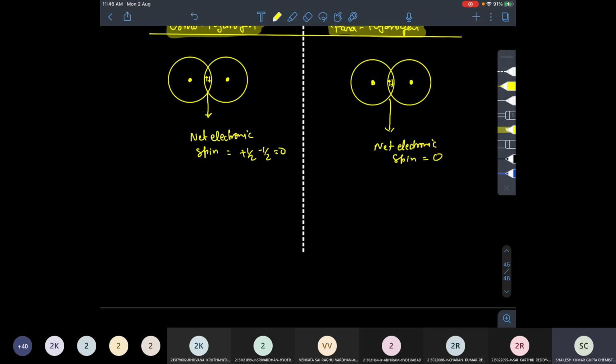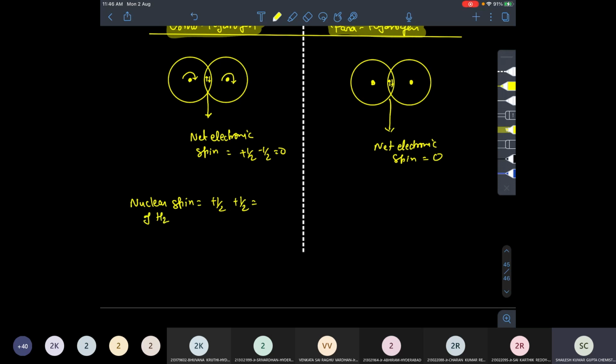You need to understand this, that even proton and neutron have spin, plus half and minus half. So what happens in orthohydrogen, because I'm talking about just the hydrogen H1H1, so only one proton is there, it is said that they have the same spin, plus half and plus half, nuclear spin of H2.